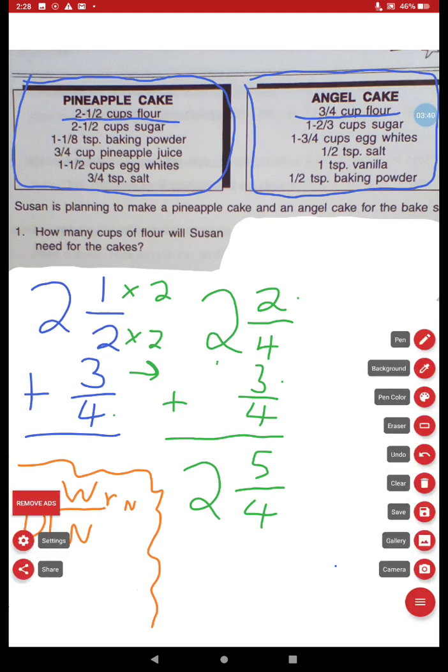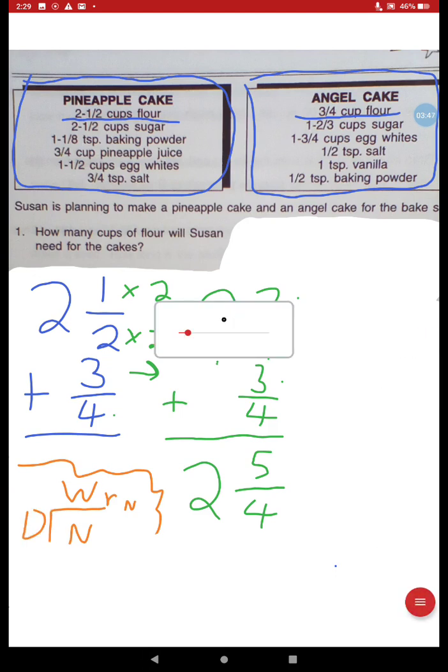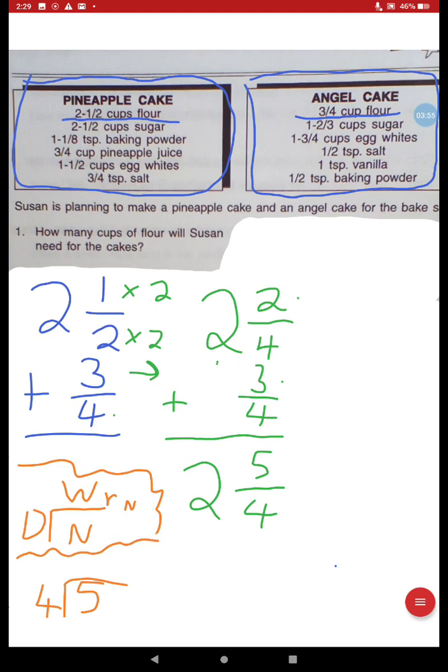So let's do that. Five goes in the box. 4 goes out. 5 divided by 4 is 1. 5 subtract 4 is remainder 1.